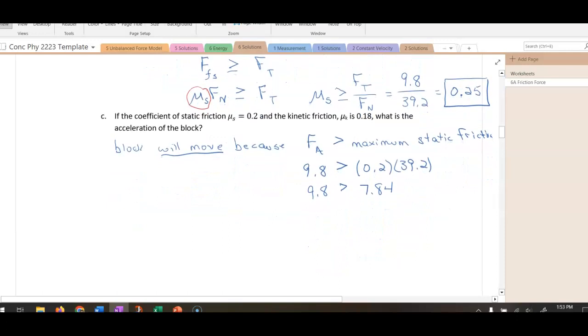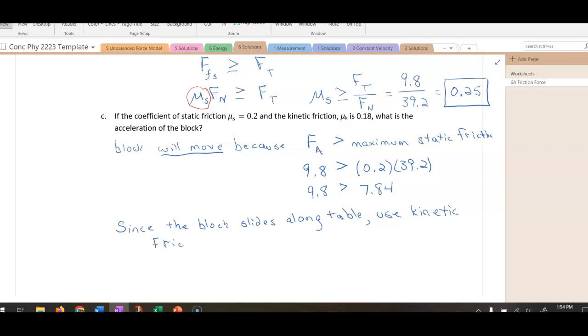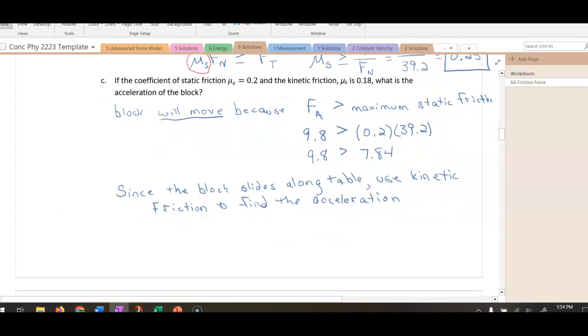So now that we know it will move, we want to use the kinetic friction to find the acceleration. Right? You only have one mode of friction at a time. If we do not have static friction, because the block is sliding, we have kinetic friction.